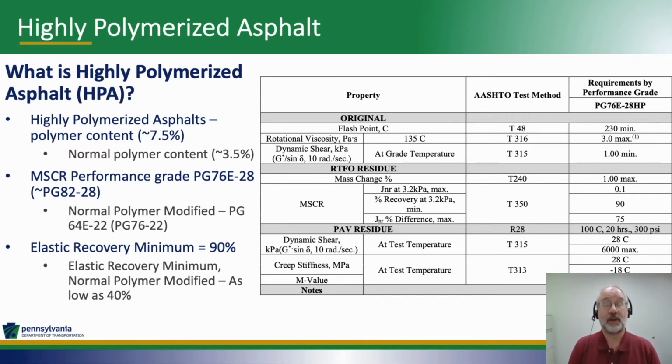The big thing about polymerized asphalts is their elastic recovery is a minimum of 90%. This is a little different than the MSCR PG requirement, where it's dependent on the JNR, and it could be as low as 40% as far as the elastic recovery goes.